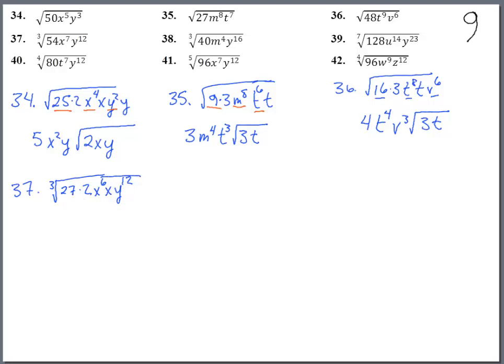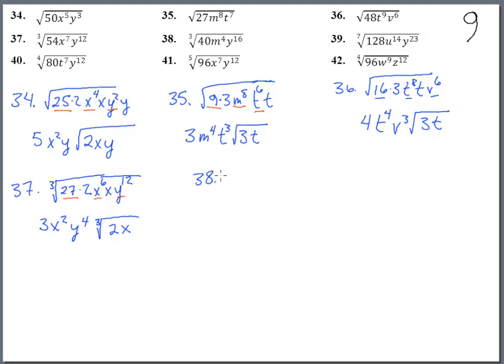So the ones that can come out, the perfect cubes, are 27, x to the 6th, and y to the 12th. Cube root of 27 is 3. Cube root of x to the 6th is x squared. Cube root of y to the 12th is y to the 4th. Those all come out of the cube root sign, and we get cube root of 2x left in there.